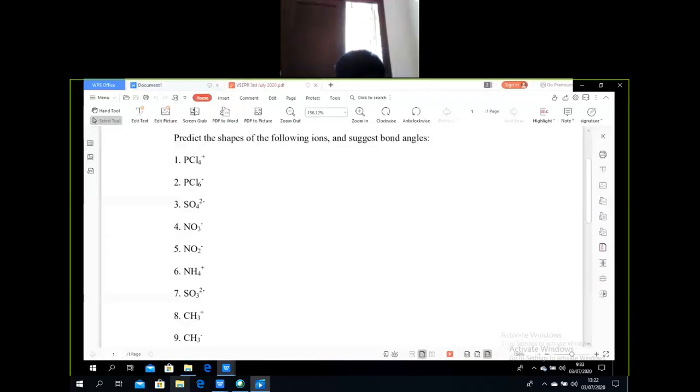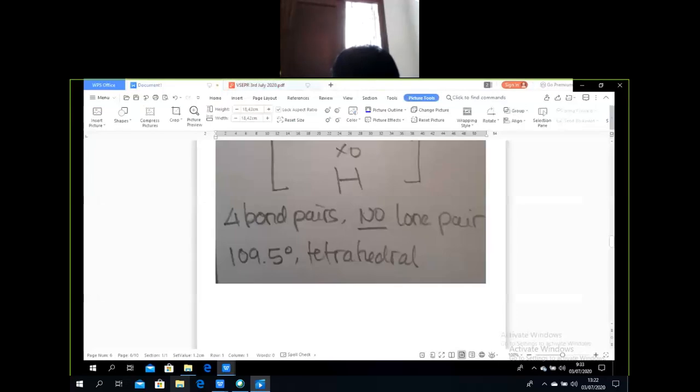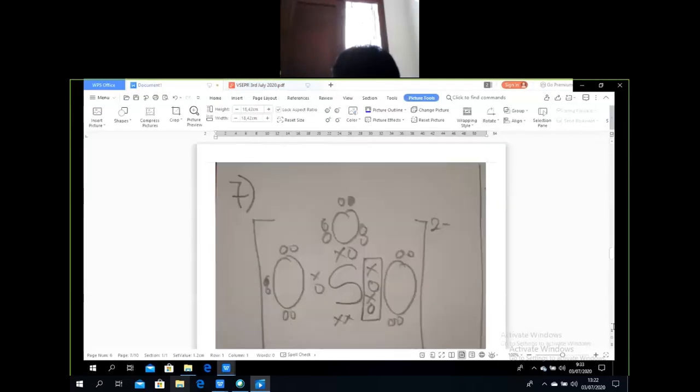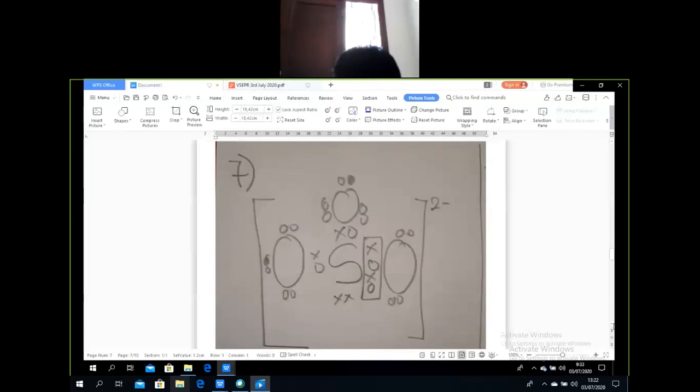Next, sulfite, SO3 2 minus. Let's see how the diagram looks. The diagram looks like this one. So there is a double bond between S and O, and then there are 2 electrons from outside that make the electrons of the oxygen become 8.